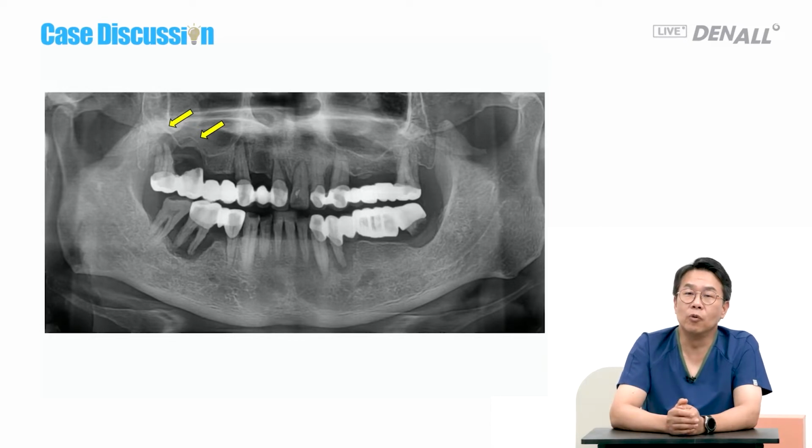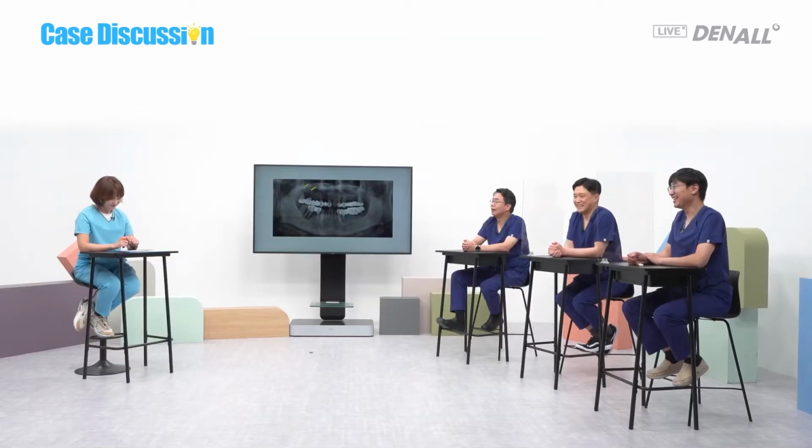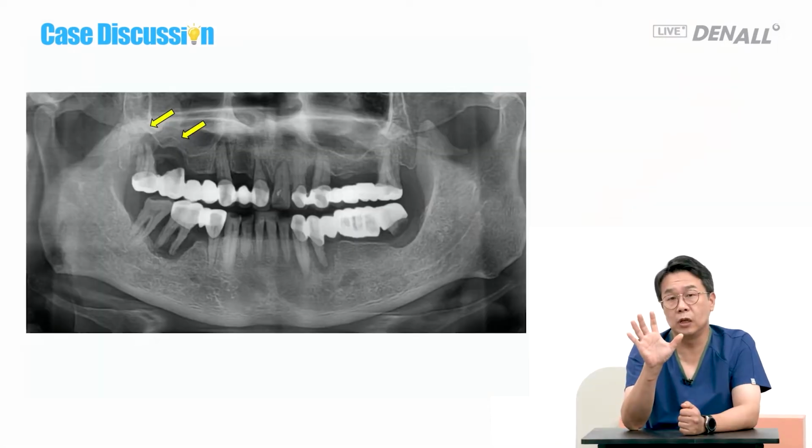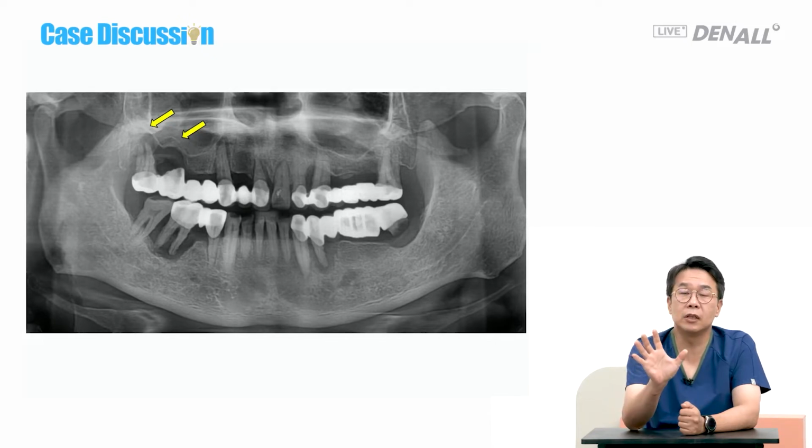If you look at the upper right segment, it's a dilemma. I've seen many such cases, and regrettably, we don't have the intraoral pictures. If we had them, we could tell whether gingival recession occurred or it is limited to bone loss. Treatment options can be different depending on that.